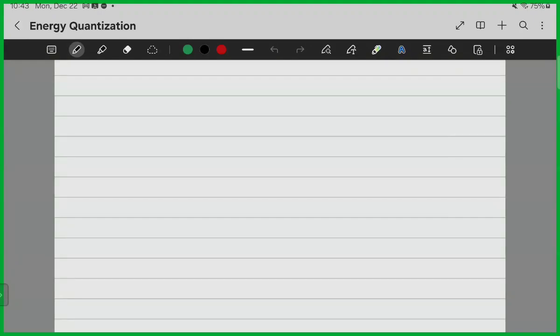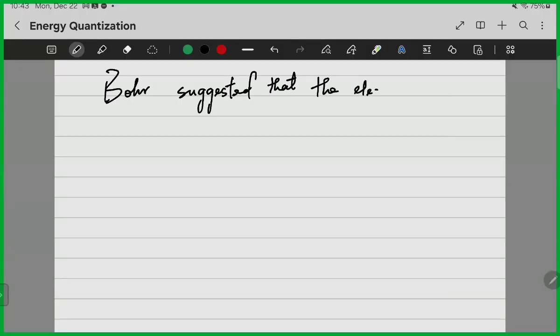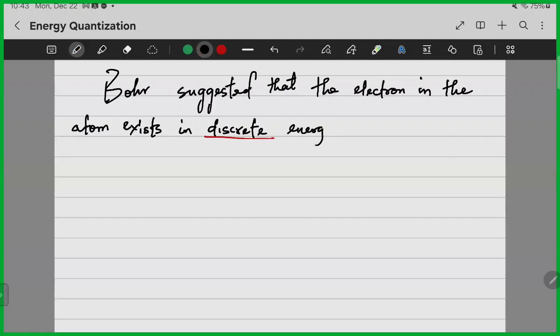Now, speaking of energy quantization, I need to bring into cognizance some explanation first. Bohr, whom we've been talking about in the previous lectures, suggested that the electron in the atom exists in discrete energy.